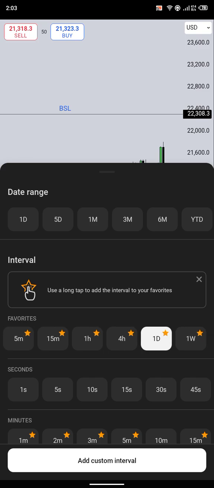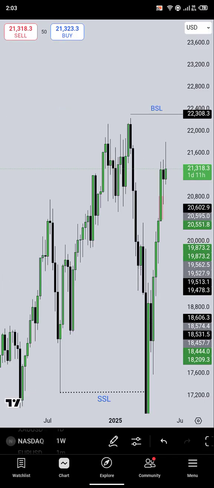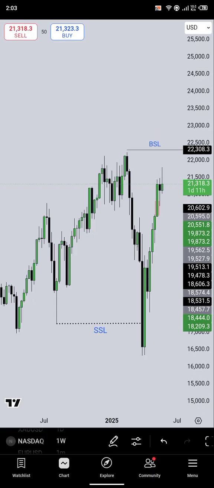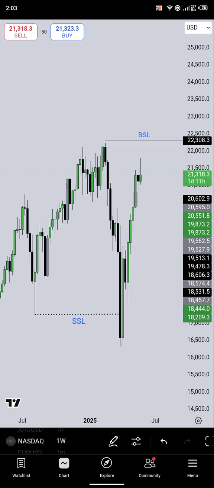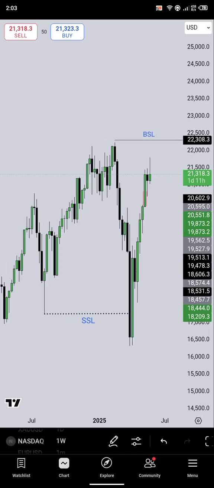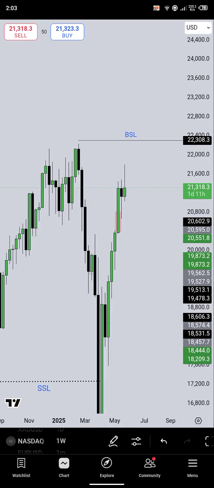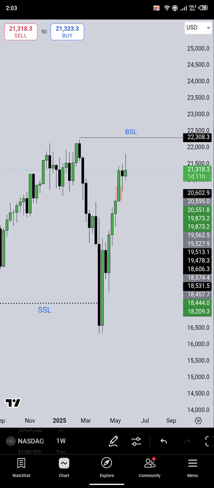Let me come to a weekly chart. Yes, so you see that we are almost there. So the moment price drew down, took out this sell side liquidity, look at these candles, they closed above. So we knew that our next draw on liquidity is going to be this fair value gap and this buy side liquidity, and we have been seeing movement to the upside on Nasdaq.